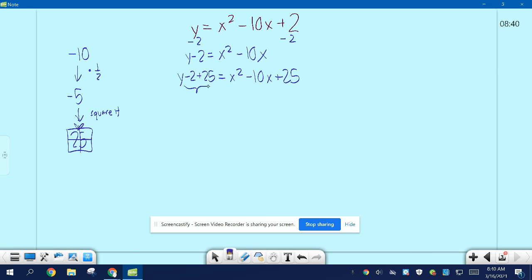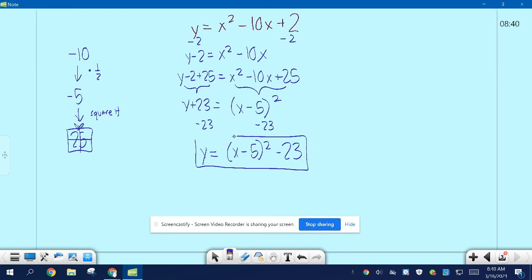Let's simplify this to be y plus 23. Let's simplify this. I need two numbers that multiply to 25 that add up to -10. That'd be (x minus 5) squared. And then last step, move the 23 over here. Get y equals (x minus 5) squared minus 23. So that's the answer to this.